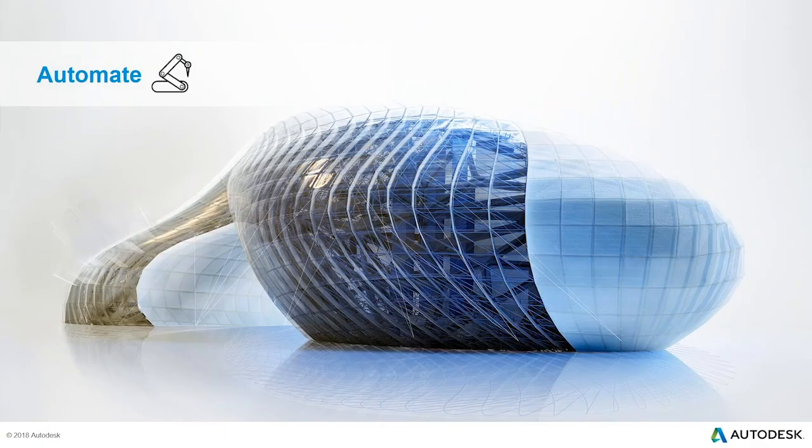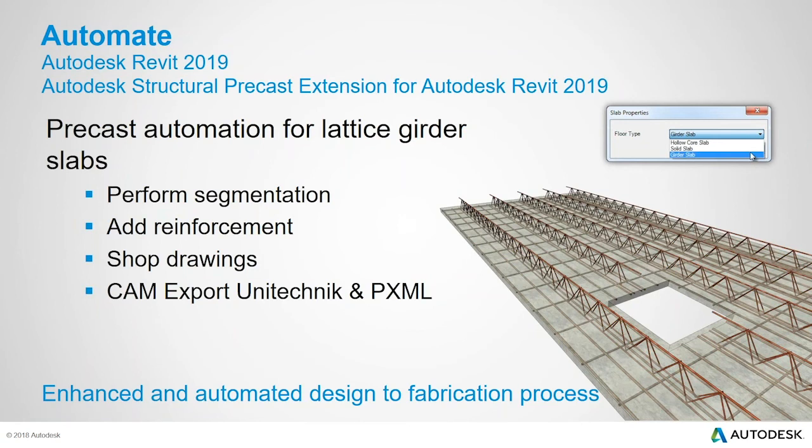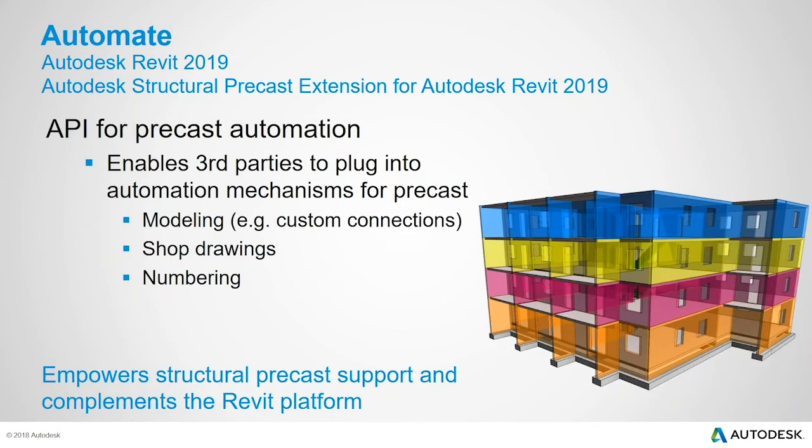Talk a little bit about automation. Slabs now are part of the precast automated process, following similar configuration rules and workflows as other existing types of precast elements available in Structural Precast Extensions for Revit. Automation, API for precast automation.